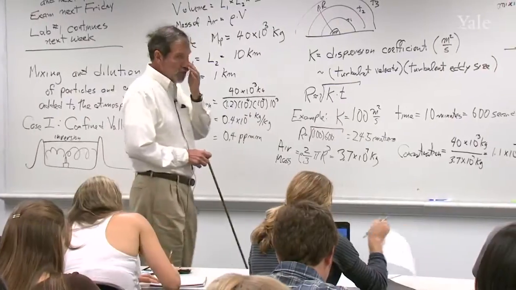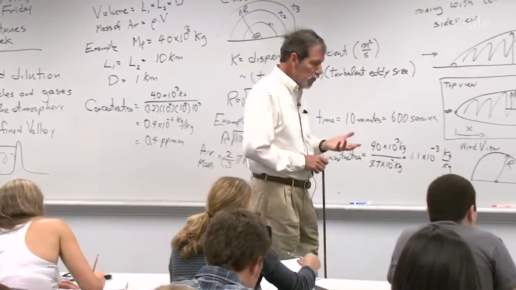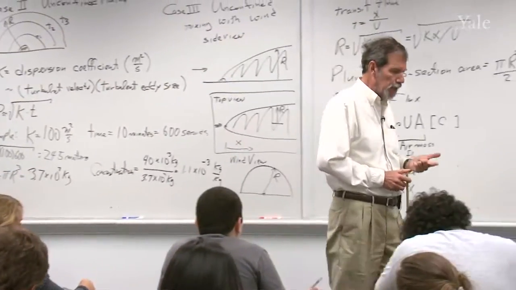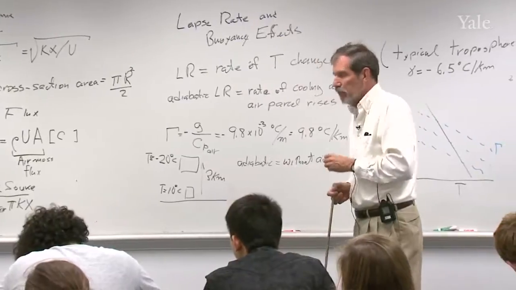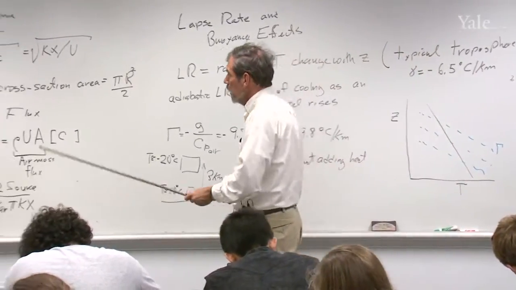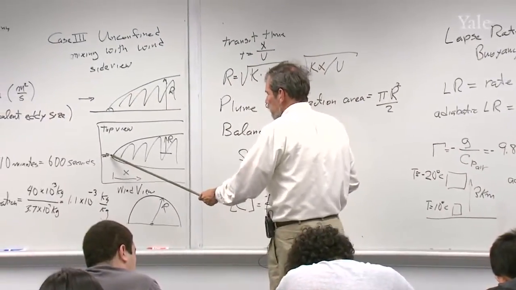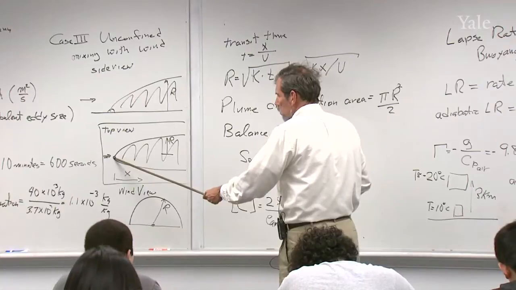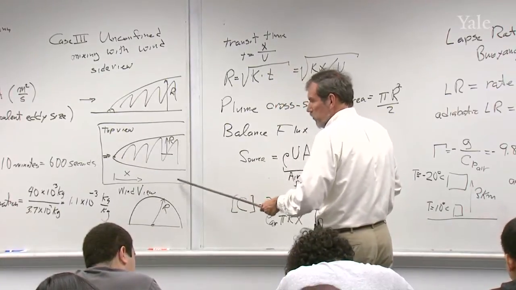So how are we going to work this one out? Again, it's just a matter of computing dilution, but now this is a steady state pollution, and we're going to have to take into account the effect of wind moving that material downwind. So I wanted to define a transit time, the time it takes the air to go from the pollutant source to whatever x location we're interested in.